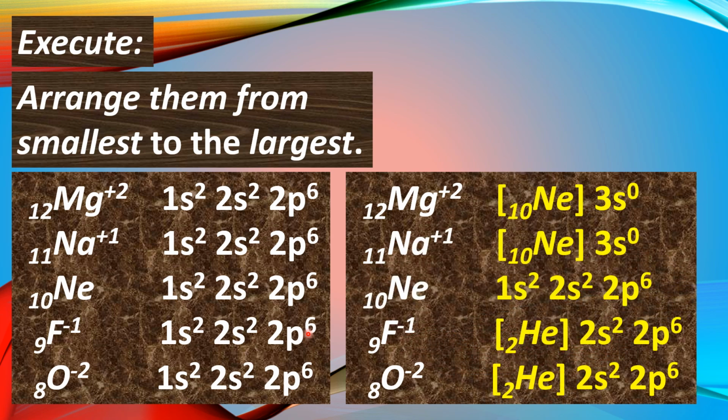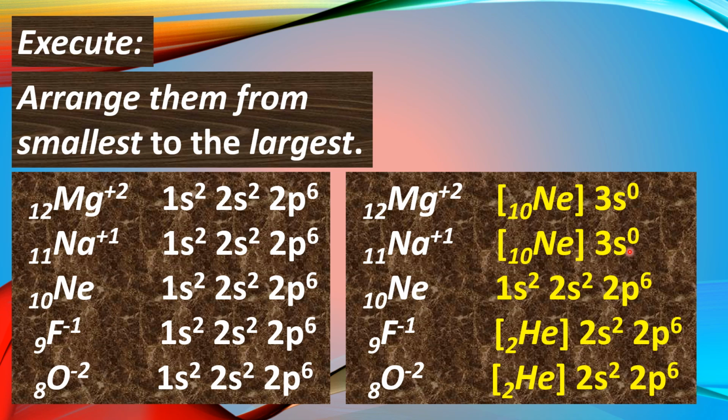We can also use the shortcut expressions for each of these configurations. For both the positive magnesium and sodium ions, we include the outermost energy level 3s, which are both empty because the valence electrons of both magnesium and sodium are lost during ionization. But for emphasis, we use the symbol 0 to mean that these orbitals have no electrons.